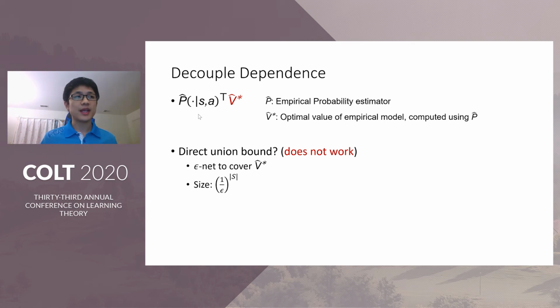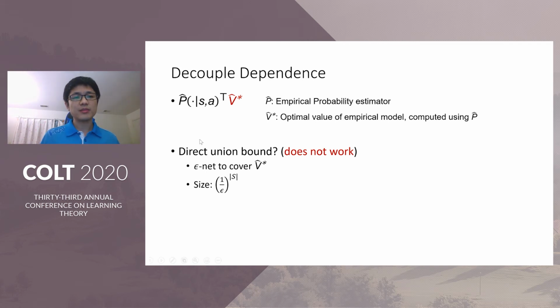An epsilon net is a set of vectors that covers this value function, meaning that there exists a vector in this net that is very close to this value function. Then we can apply a union bound using the concentration inequality for every vector in the net, and after that we can establish an error bound.